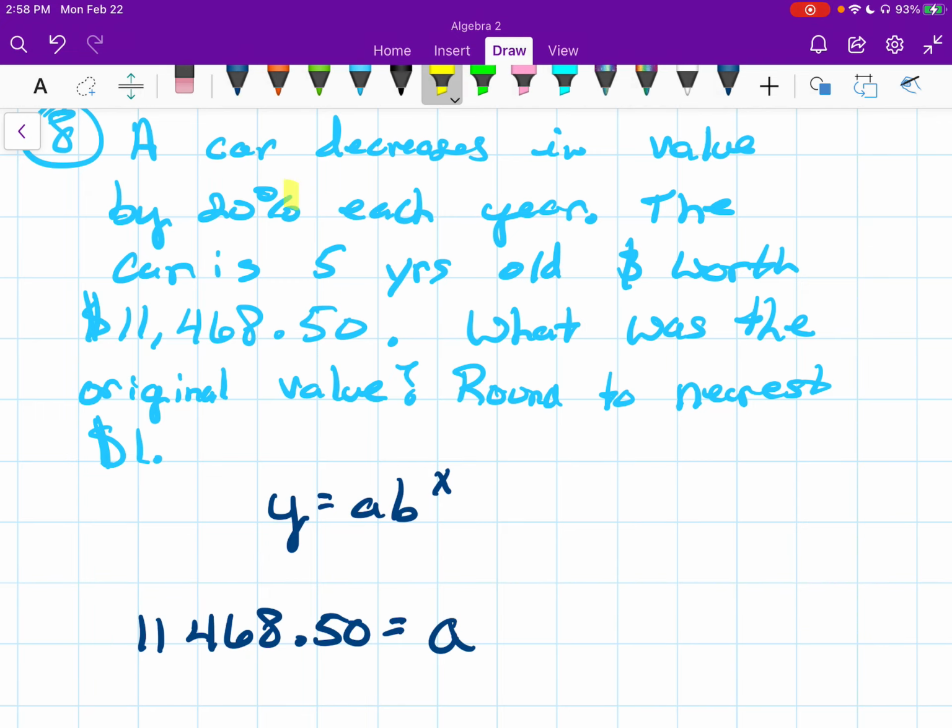So in our head, 20% as a decimal is 0.2. It decreases by 0.2, so that means it's 80% of what it originally was. 1 minus 0.2 is 0.8. And it's been 5 years.